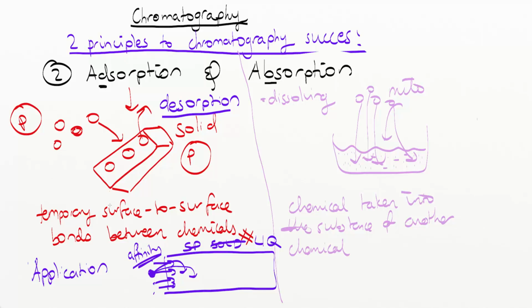So whether a component adsorbs or absorbs depends on whether the stationary phase is a solid or a liquid. Adsorption occurs when the stationary phase is a solid, and absorption occurs when the stationary phase is a liquid.